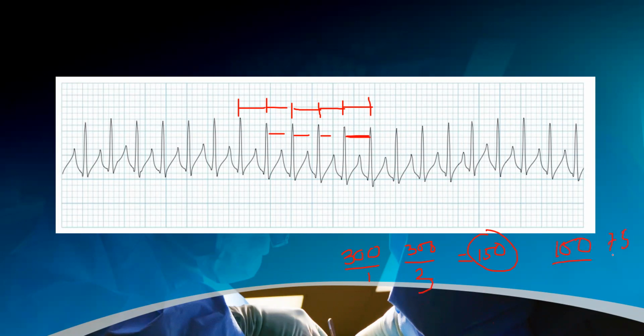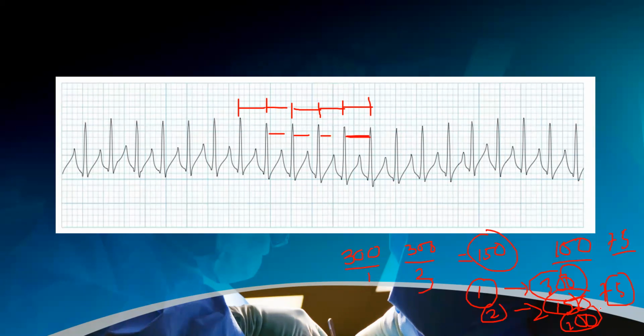And then it becomes 75. So it's very easy. If it's one large square between two RR intervals, heart rate is 300. Two large squares, that's 150. Then we have 100 and then 75. You just remember these numbers.